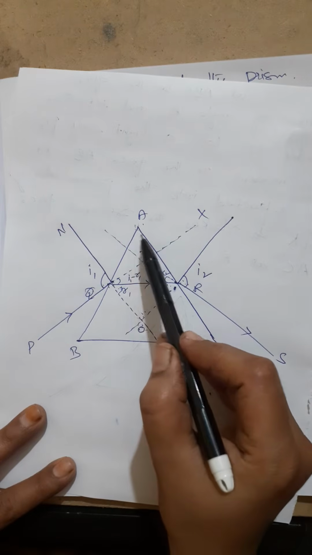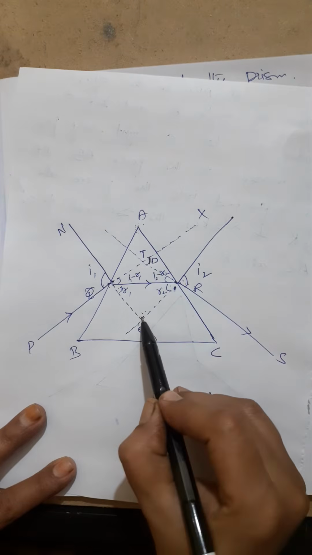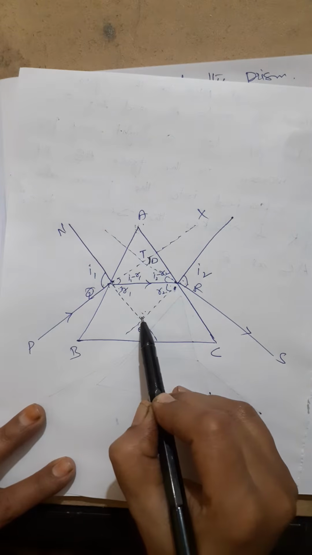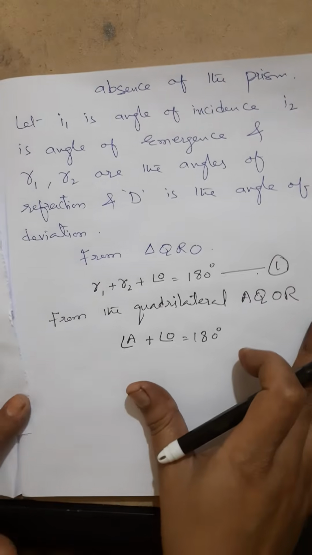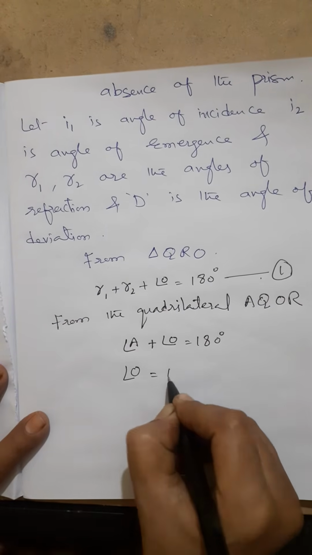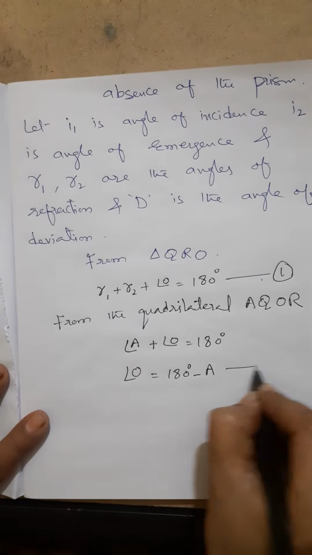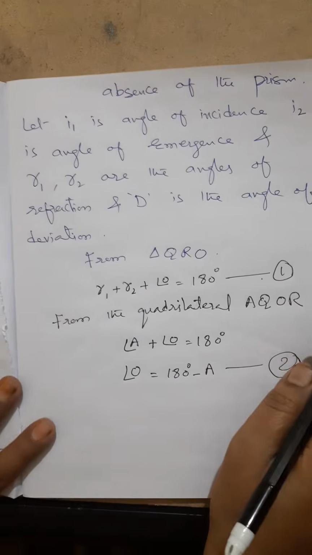By the property of the quadrilateral, angle A plus angle O is equal to 180 degrees. Now I can write angle O is equal to 180 degrees minus A. Let us take this as equation number 2.